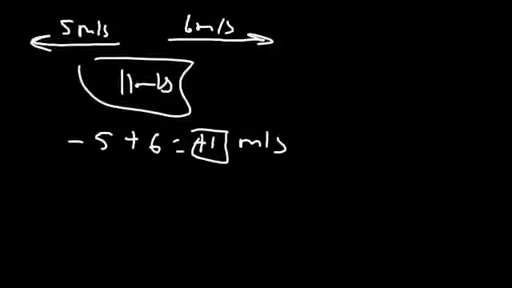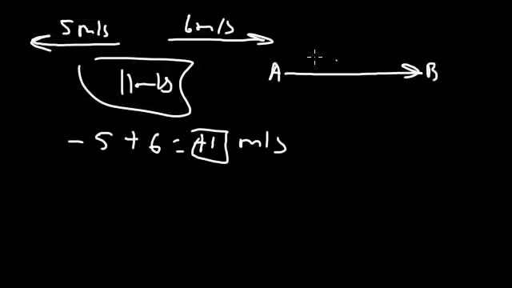Now, you can still ignore the sign if those vectors are heading towards the same direction. Take for instance, assuming we have the velocity of an object from point A to a certain point B to be 5 meters per second. Now, the velocity of this same object from A to point C is 3 meters per second.